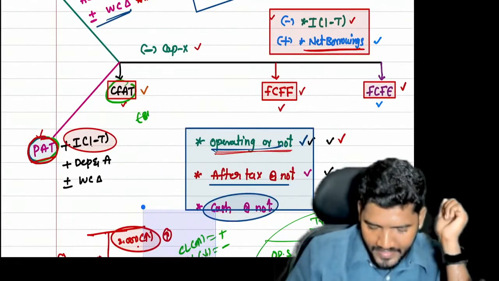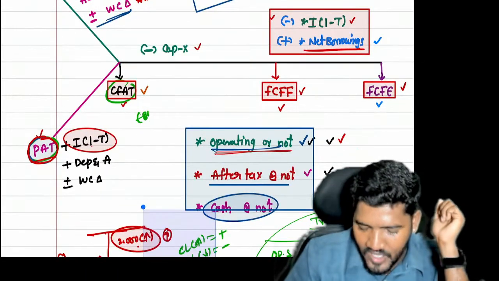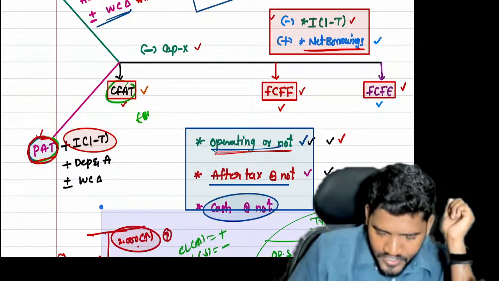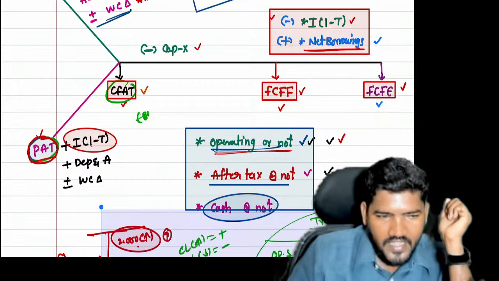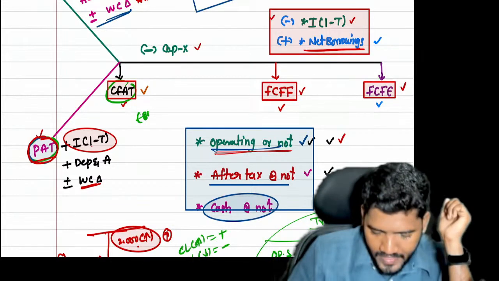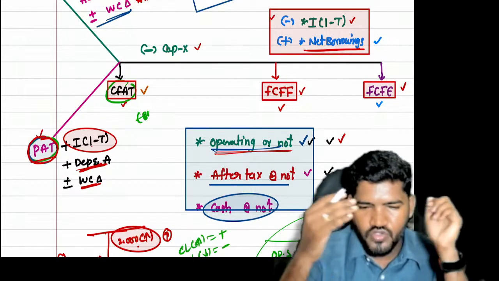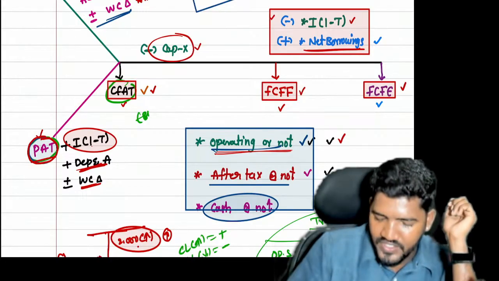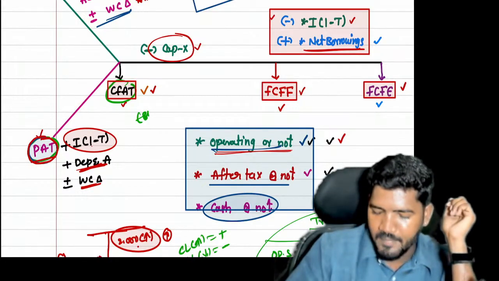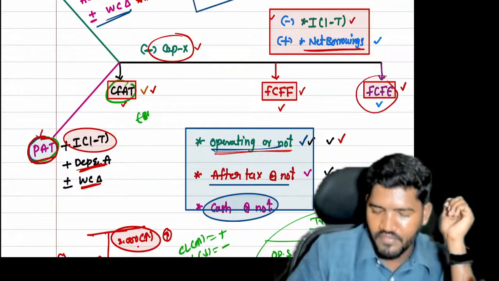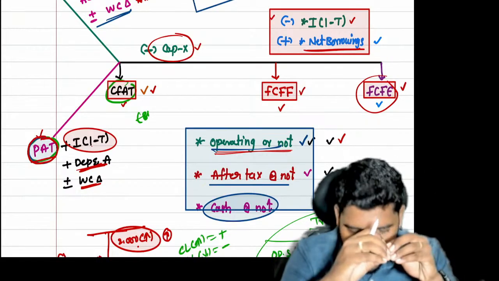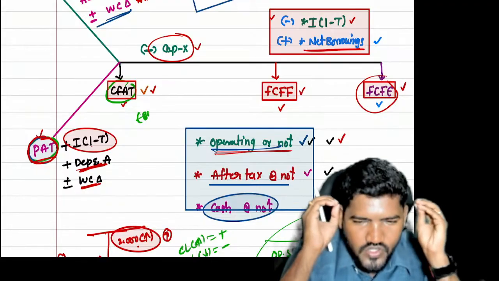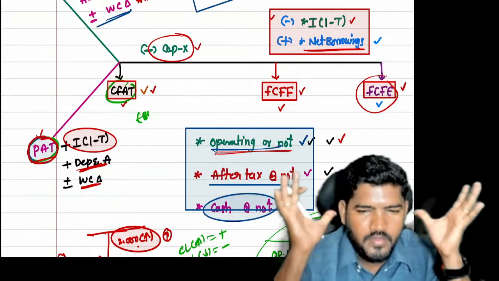But PAT plus interest times 1 minus tax is not a cash element, so you have to readjust: add depreciation and amortization expenses, and increase or decrease for working capital changes. After doing all this, you will get CFAT; less capex, you get FCFF; less interest and add net borrowings, you get FCFE. If you know this flow chart, only then can you solve discounted cash flow method problems.